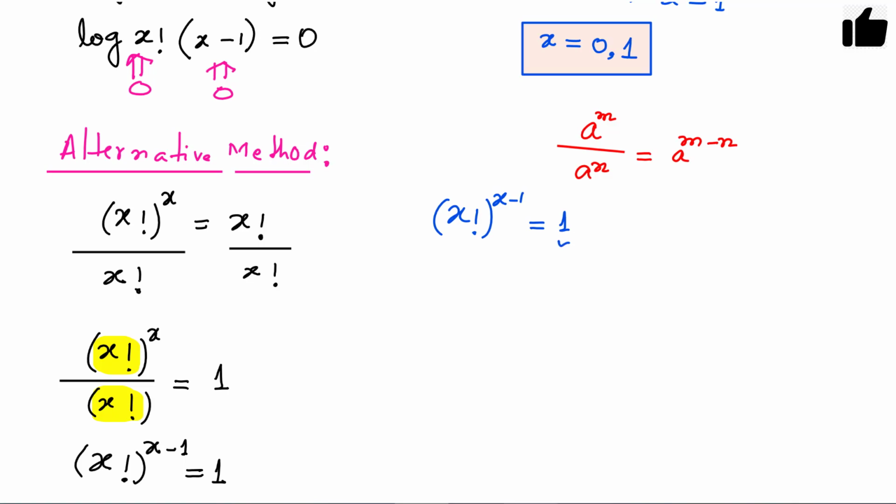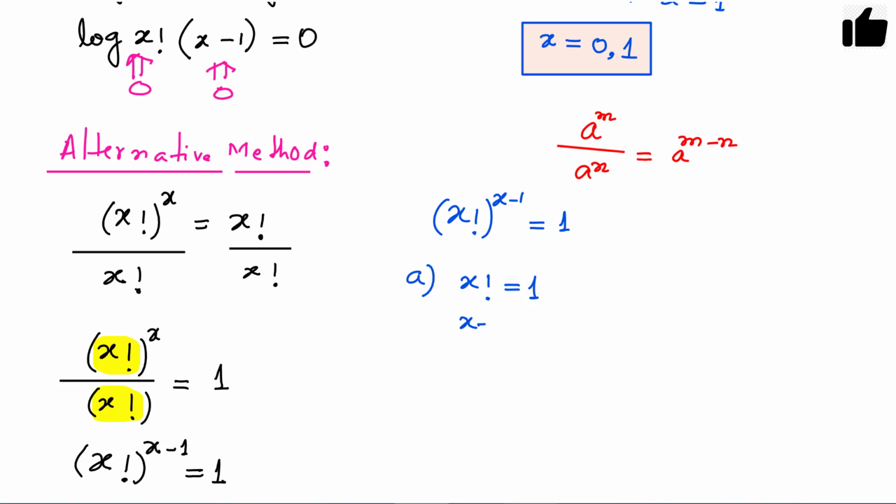Now analyze this term, x factorial raised to the power x minus 1 is equal to 1. So how can we have 1 from this term? Different possibilities we can have. The first possibility is x factorial is equal to 1 and x minus 1 is a real number.